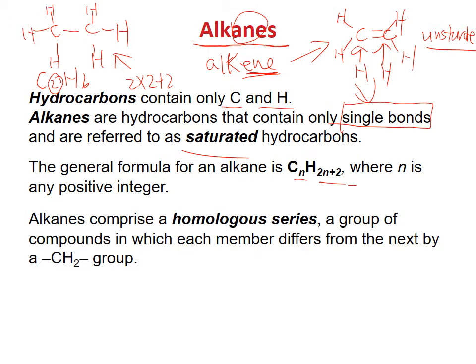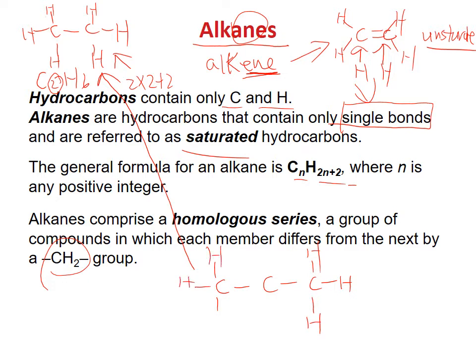Alkanes comprise a homologous series, a group of compounds in which each member differs from the next by CH2. For example, if we add 1 more carbon to this molecule, the 2 ends are the same, and we just add the CH2.